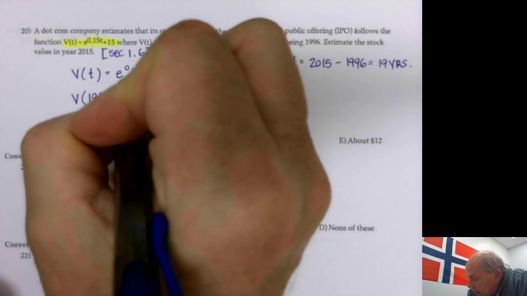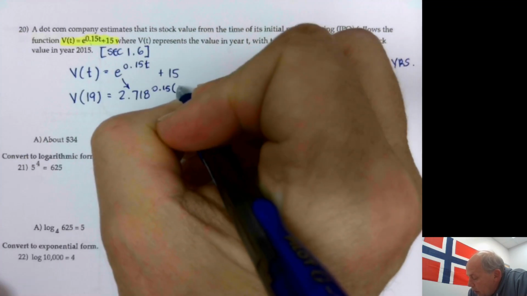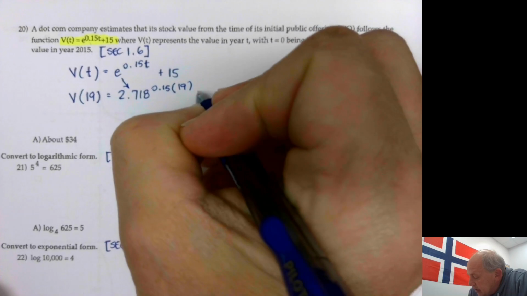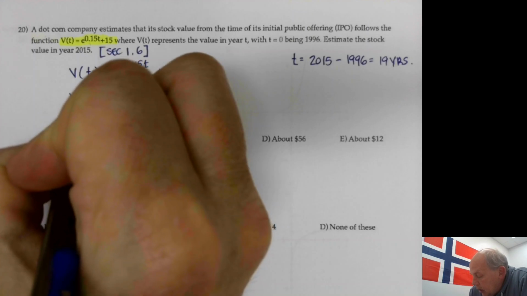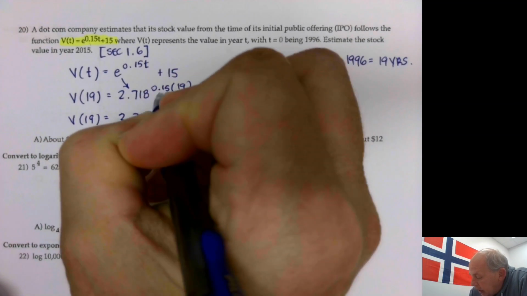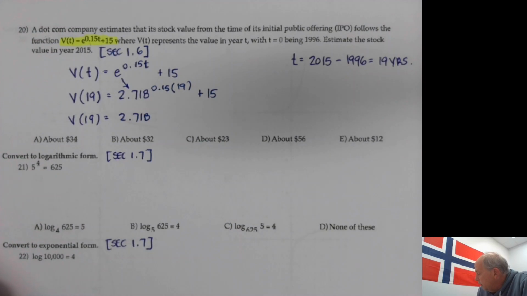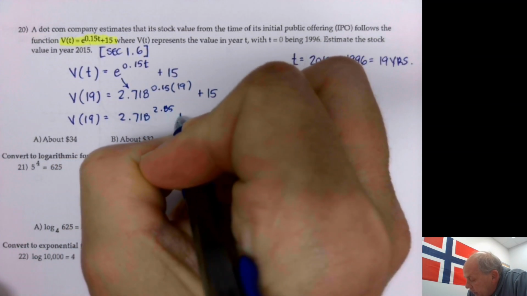My e again is 2.718. My t is 19. I'm going to add 15 on at the end. A lot of calculator work here. 0.15 times 19 is 2.85.